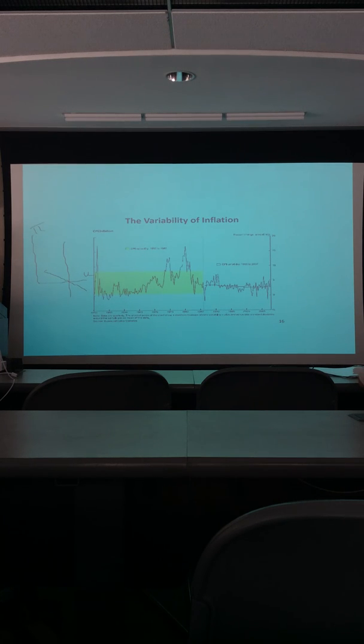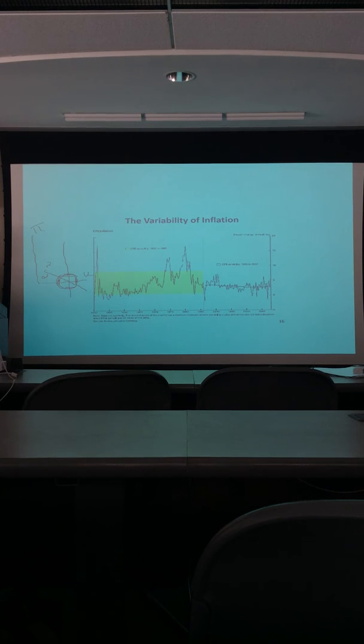I'm not going to draw the indifference curve because that was just fun. What we're trying to do is stay in that area. How can you do that? What allows you to do that is that the Phillips curve can move up and down because of oil price shocks, because of developments, droughts.